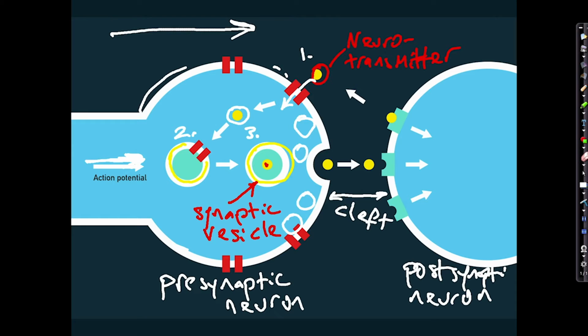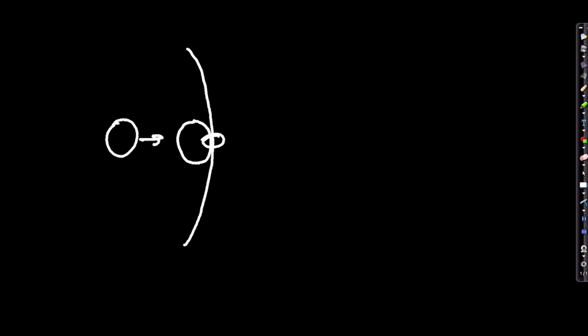It's useful to draw this because it's interesting. So this is the membrane and this is a vesicle. When a vesicle approaches the membrane, it sticks to the membrane. It's called docking. And then the two membranes fuse together.